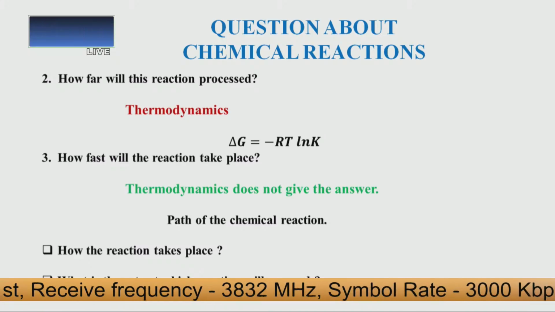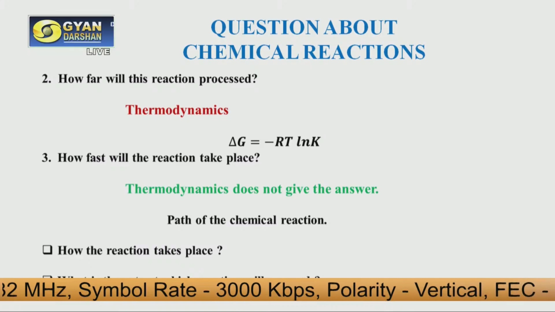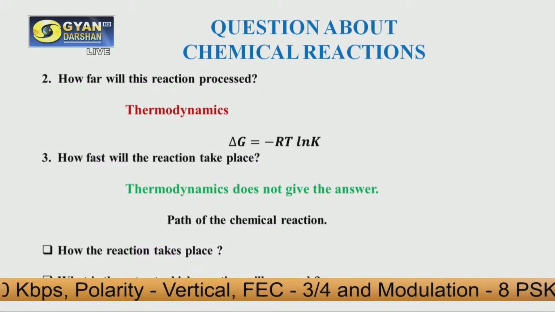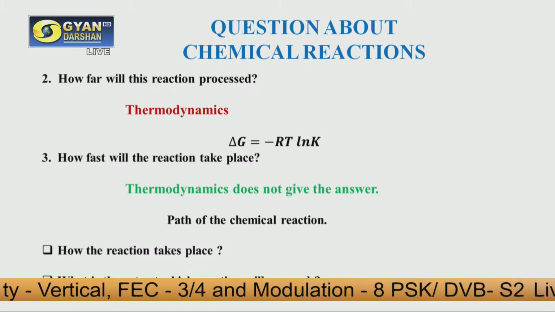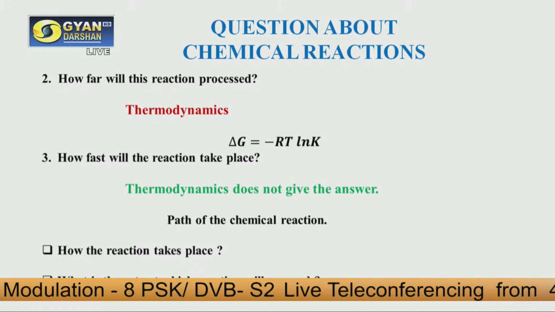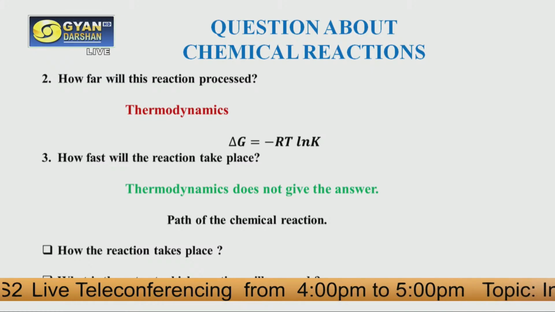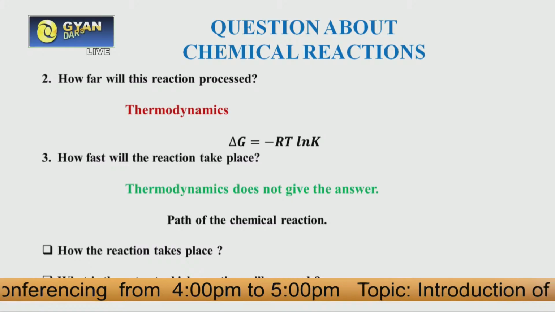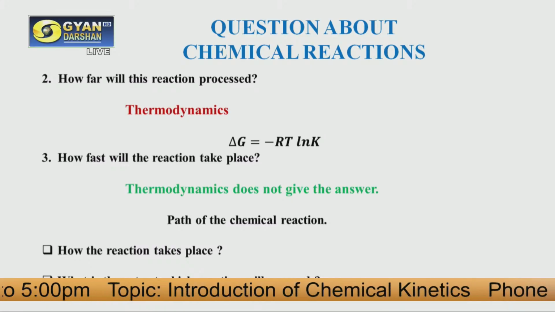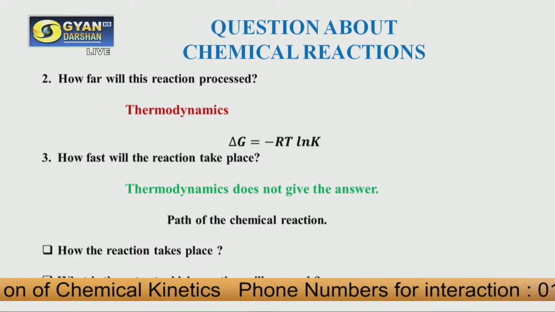Here kinetics comes into the picture. It tells how the reaction takes place and at what rate the reaction proceeds. So thermodynamics only gives the idea of the initial and final product. It doesn't tell what path will be selected, but kinetics gives the answer to this question. Suppose we take path A, or we select path B or C or some other path, then the rate will differ.